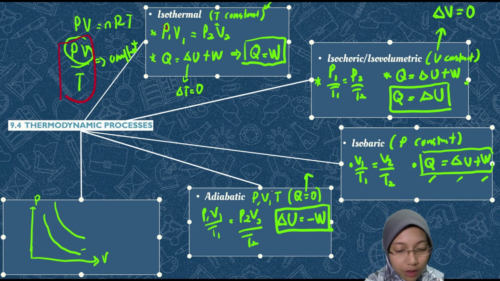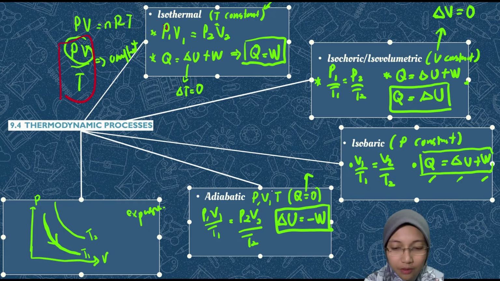Every curve represents one temperature, T1, and here is T2. For isothermal, it will be like this. If the system is expanding, it will be directed to the right. If the case is compressing, the volume will be decreasing, so the arrow will be to the left. It depends on your case.